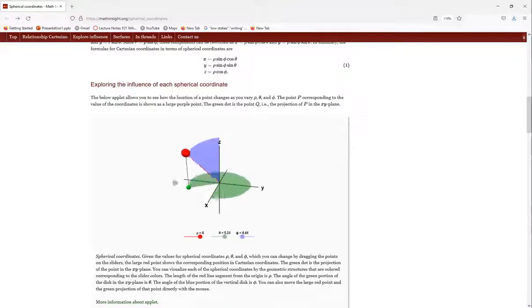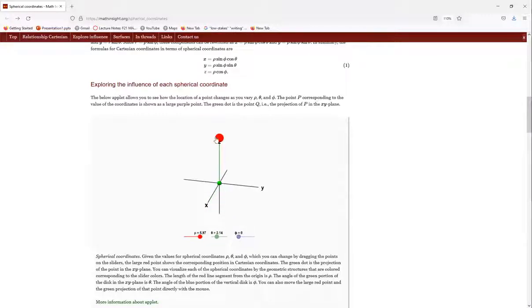It can just go to the left, to the right, and it changes the distance. Rho, the distance between the object and the origin, is changing. Theta is the angle that it creates with the positive part of the x-axis as before. And phi is the new angle that we introduced.